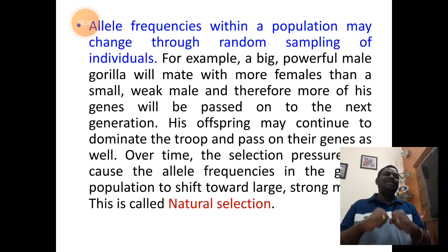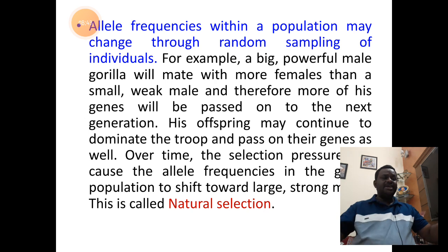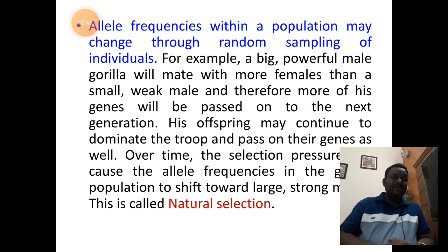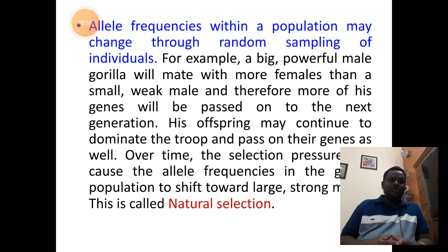So he will be given much of the chance to mate with all the females. So his genes will be passed down in the next generations. He will inherit his genes into the offspring. So leader genes will become much seen in the troop. And this is what is happening here.